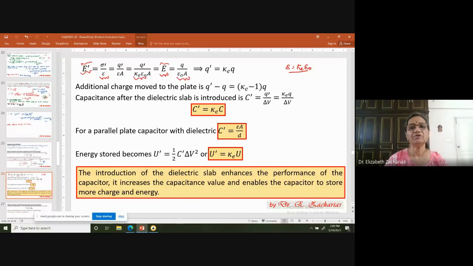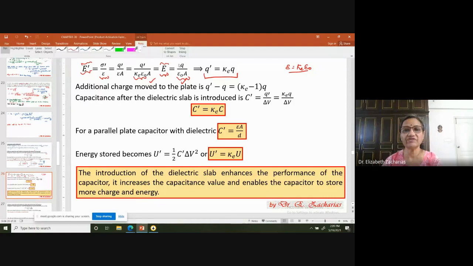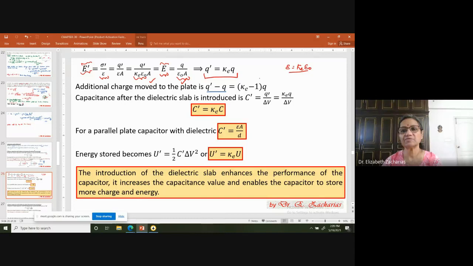Making a comparison between the two, we are able to get Q prime in terms of Q. You're seeing that Q prime is equal to kappa into Q. So the dielectric constant kappa decides how much extra charge went onto the plate. By now you must have understood that more charge means more energy. If you want to know the extra charge that went, that is the difference between the final charge and the initial charge. So you can see that this is the expression.